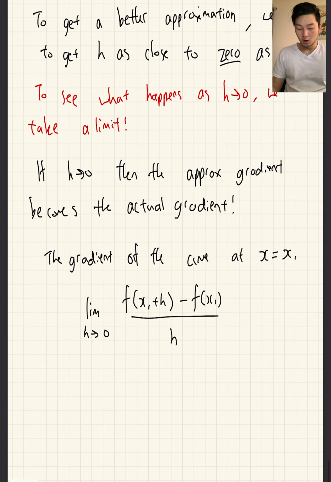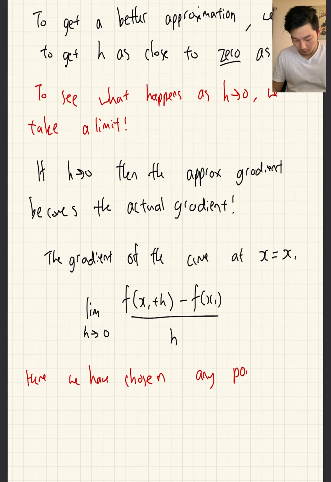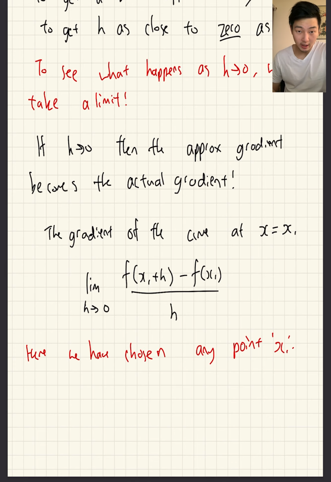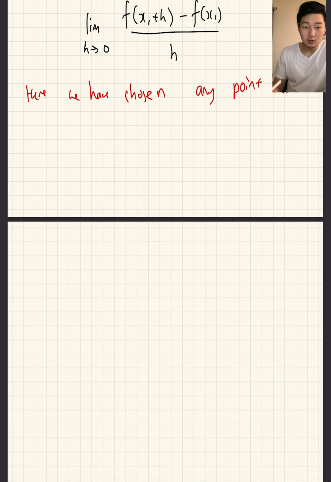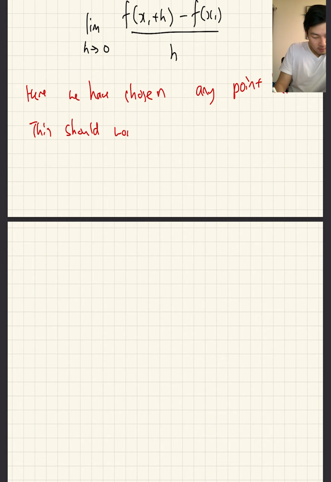In this instance, what we've done is choose any point x1 that's on the function. And because we have chosen any point x1 on the function, this should work for almost every value of x.